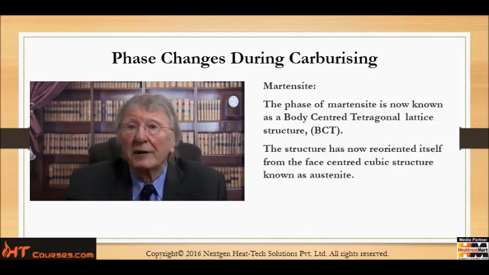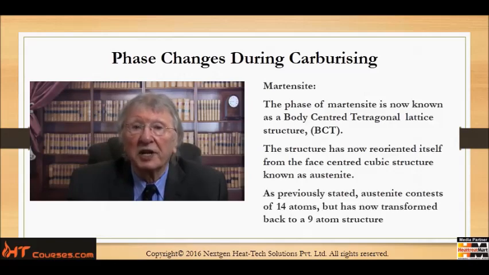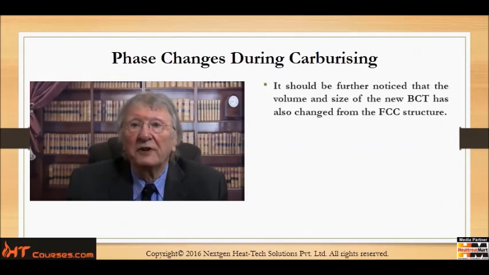The structure has now reoriented itself from the face-centered cubic structure known as austenite into BCT. As previously stated, the austenite contains 14 atoms, but has now reverted back to a 9-atom structure, but elongated. It should be further noticed that the volume and size of the new BCT structure has changed from the FCC structure.